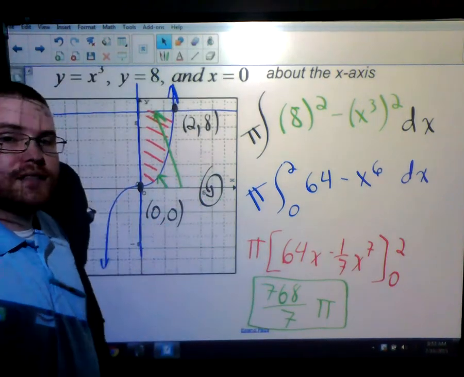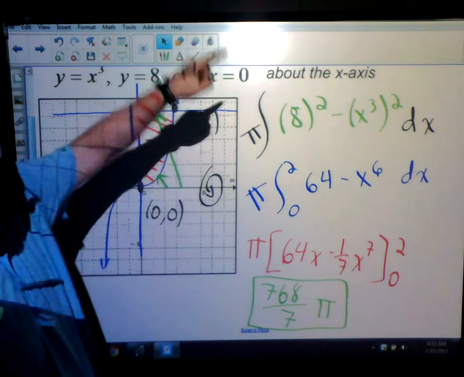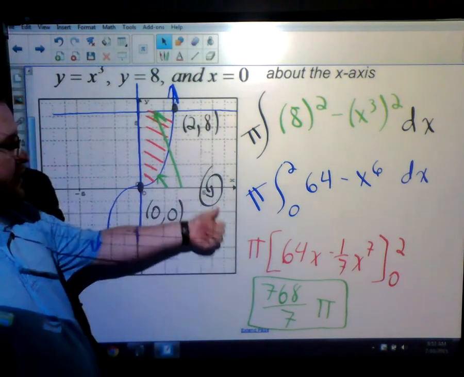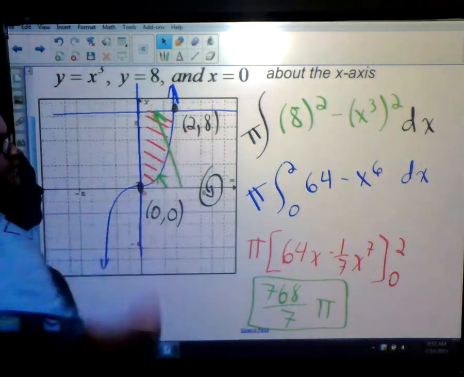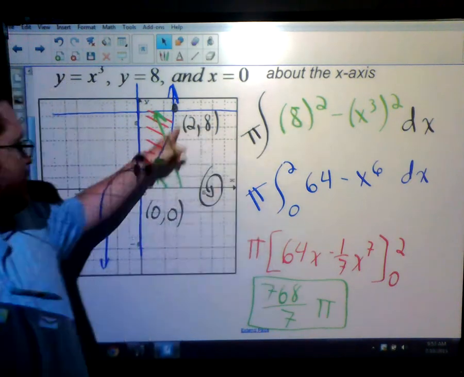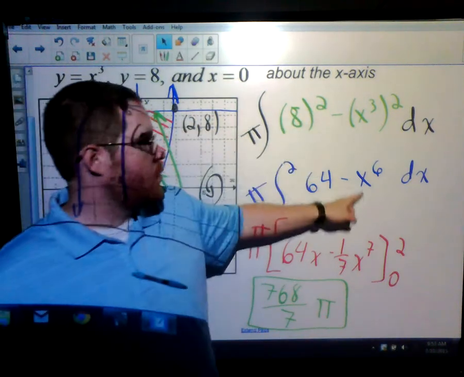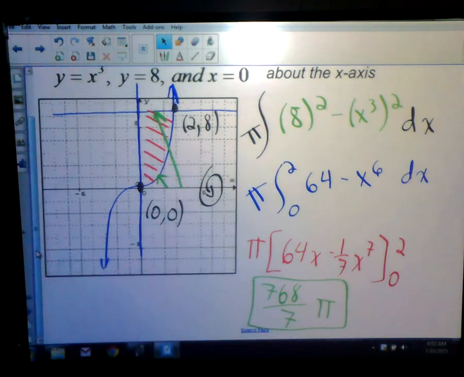I like to leave the pi separate. So again, we're rotating this way, so it's dx. That means my bounds are x values, 0 and 2. The top function is 8 squared minus the bottom function is x cubed squared. Once you have it set up, it's just simple calculus from there down.